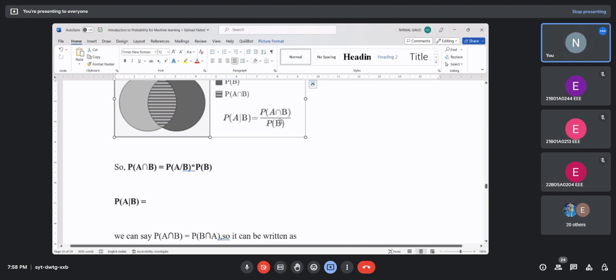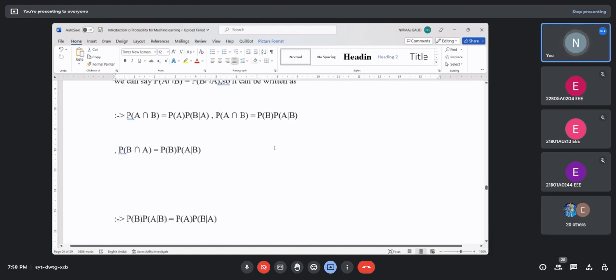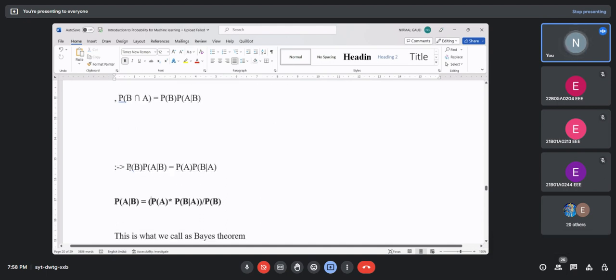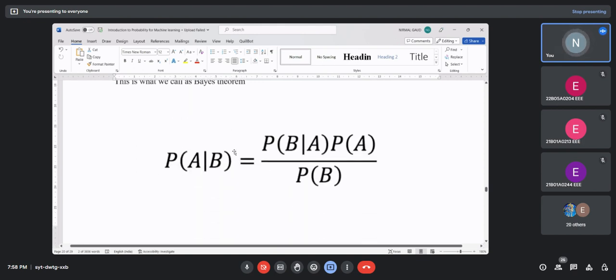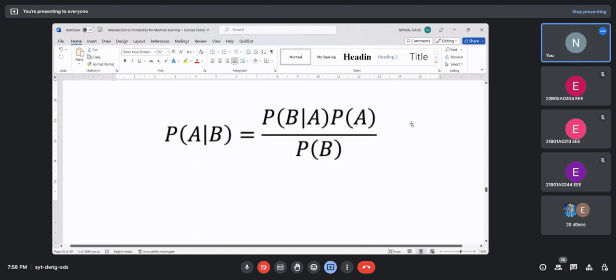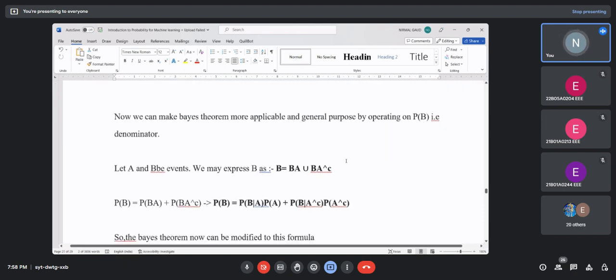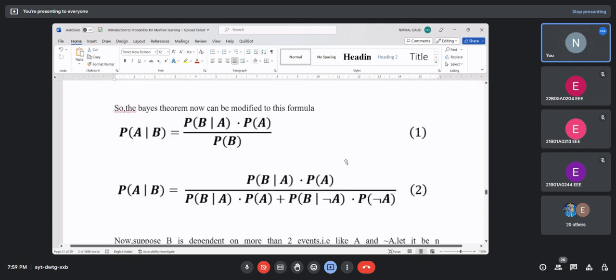Now I calculated what A intersection B is by multiplying with P(B), and I know that A intersection B and B intersection A are both the same. So I equated the values of both of them and put P(B) into the denominator. Finally, P(A|B) is equal to P(B|A) into P(A) upon P(B). This is the Bayes theorem, and it's very much important.